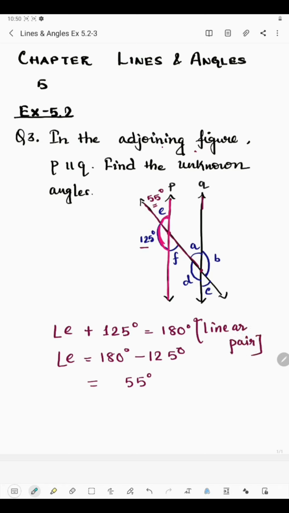Now these two lines intersect over here. That means angles formed opposite to each other are equal, as these are vertically opposite angles.